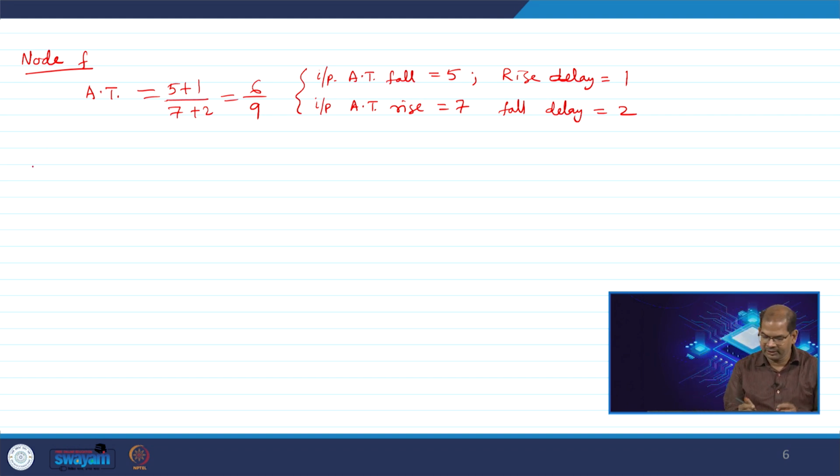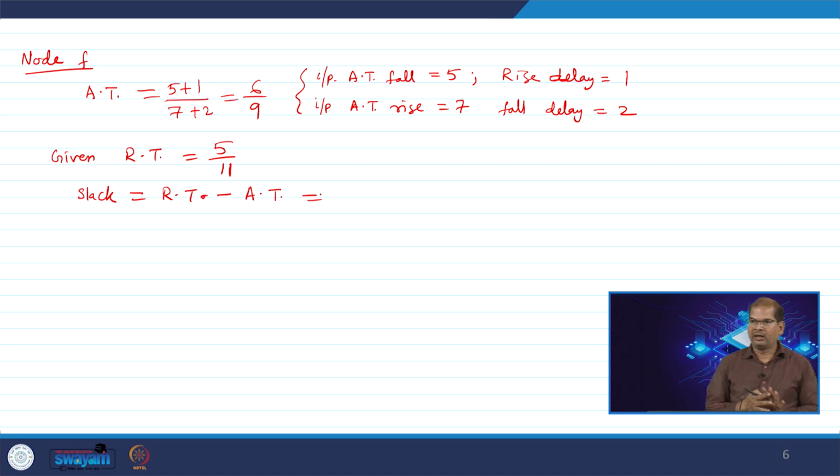Now, I have been given the required time. So, the required time is basically 5 by 11. Then my slack here is basically required time minus arrival time. So, I need to subtract the rise arrival time from the rise required time.